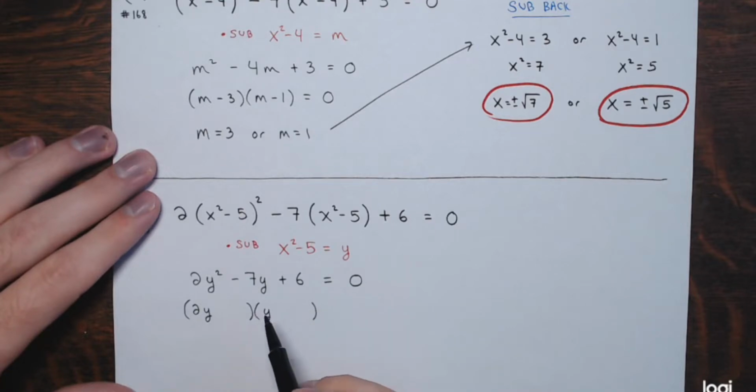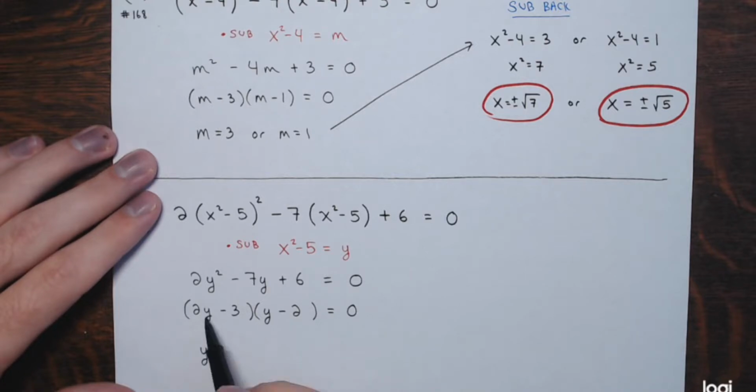It'd be 2y minus 2 here, minus 3 here, right? That'd be negative 4y, negative 3y for negative 7y, and then positive 6, right? 2y minus 3 times y minus 2. So the solutions in y, right, y could be 3 halves, or y could be positive 2.